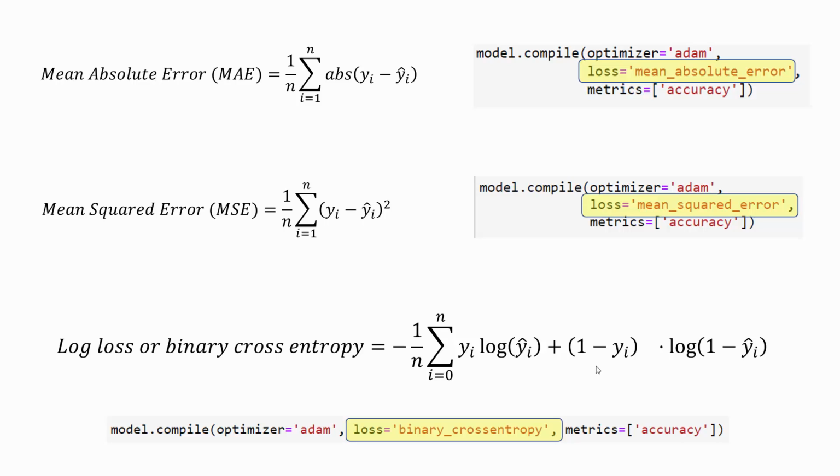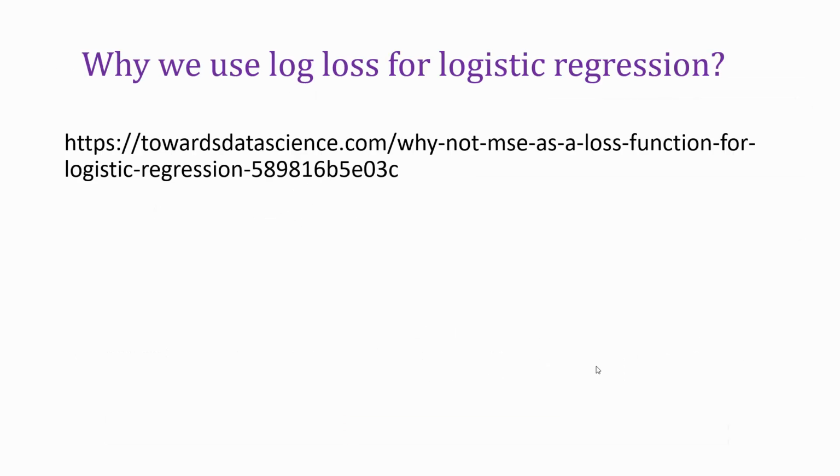Do not worry too much about these mathematical equations. This is for your understanding. You don't have to go too much into detail. Of course, if you're interested, you can go and figure out why this equation is like this. But this is what binary cross entropy means. Now, for logistic regression, we use log loss.